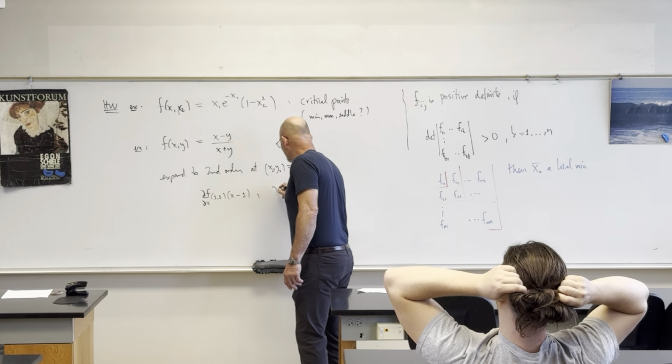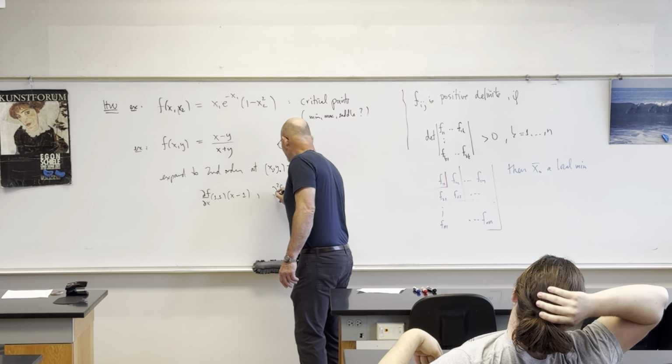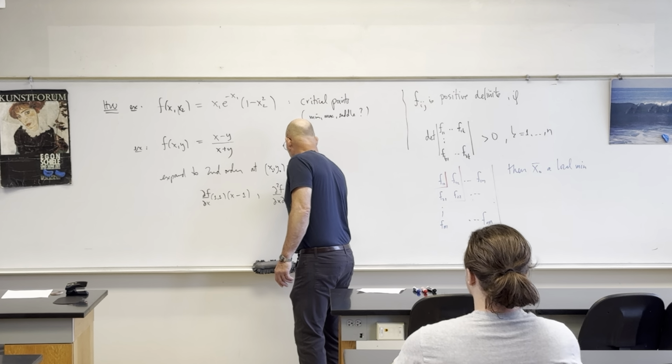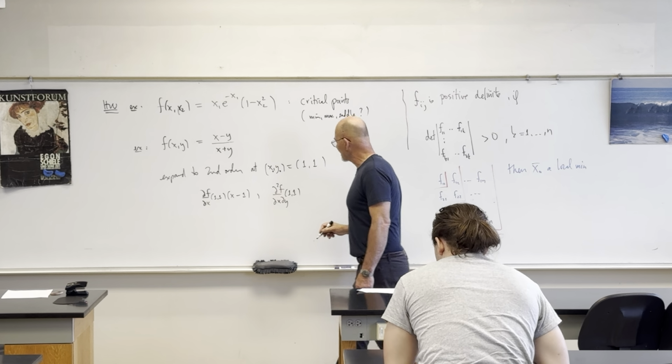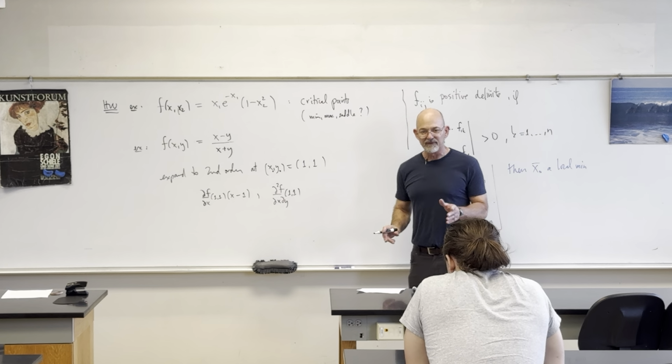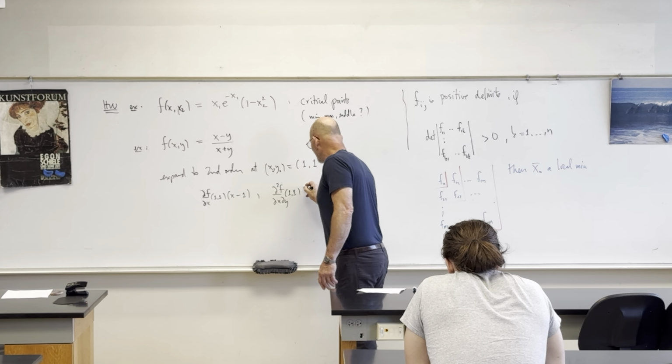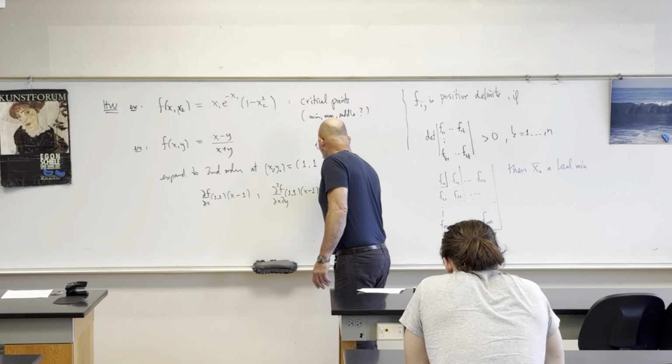You'll have something like d squared f dx dy at 1, 1. For that expression, you'll have to take the two derivatives, evaluating them at 1, 1. And then when you write this out, it's going to have an (x minus 1)(y minus 1).